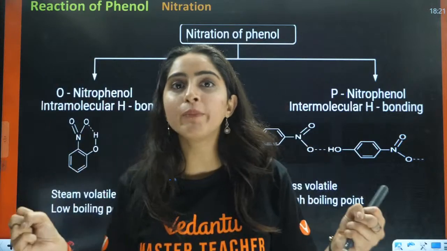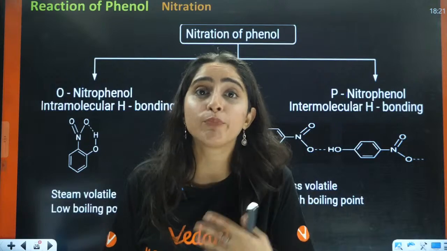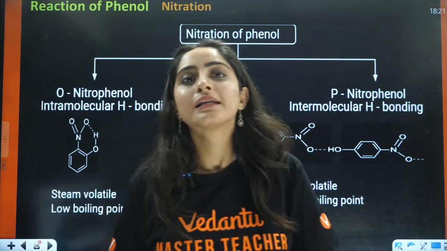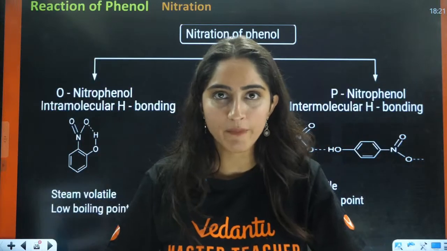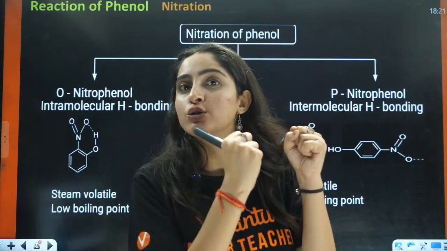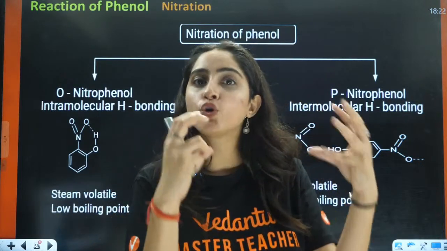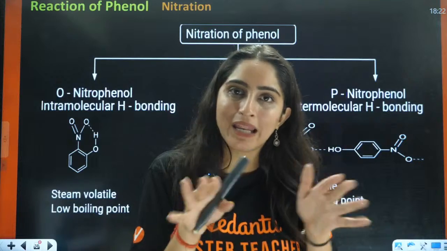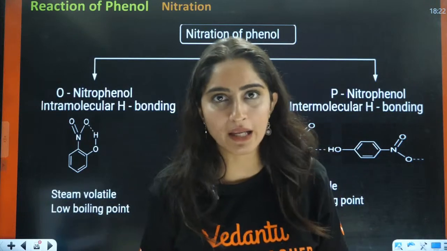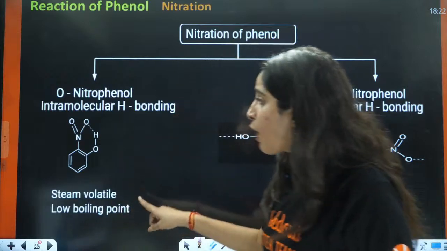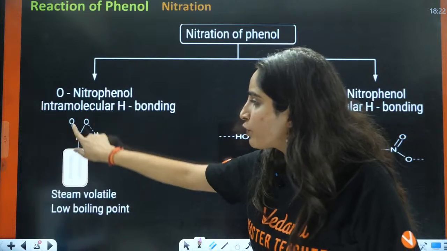So the bond between you and your neighbors is basically what will define the boiling point. The bond between two molecules is going to define the boiling point. If the bond between two molecules is very strong, the boiling point is very high. If the bond between two different molecules is very weak, then the boiling point is also very low. As I told you, when you have intramolecular hydrogen bonding, you are very connected to your own family.